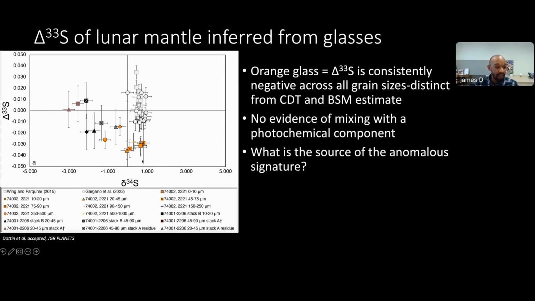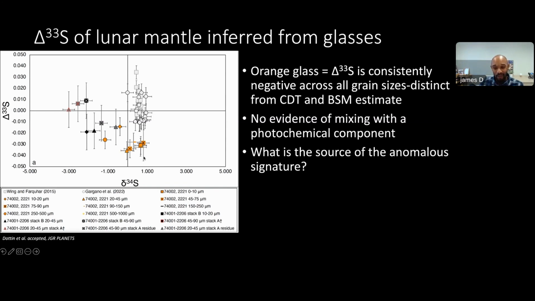But instead of going towards more positive values as grain size decreases, we go towards more negative values. So the largest grains are here, and the smallest grain size, which is less than 10 microns, is this round data point here. And I'm realizing that I mixed up my symbols, but it is correct in the published manuscript.